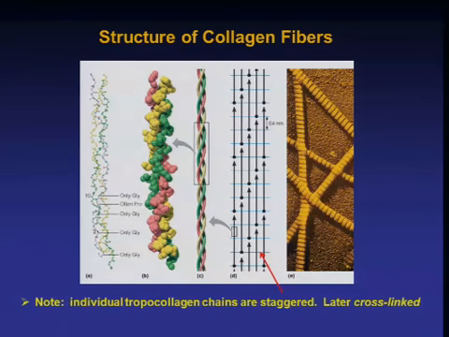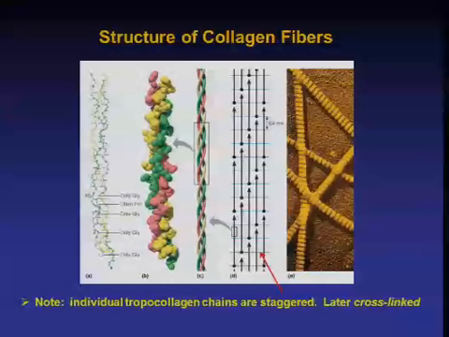These fibers, now the tropocollagens, they're going to line up, and then right next to them we'll get another set of the tropocollagen lining up, but they'll be slightly offset. Okay, so this arrow is showing you here's a tropocollagen, here's a tropocollagen, there's a tropocollagen.